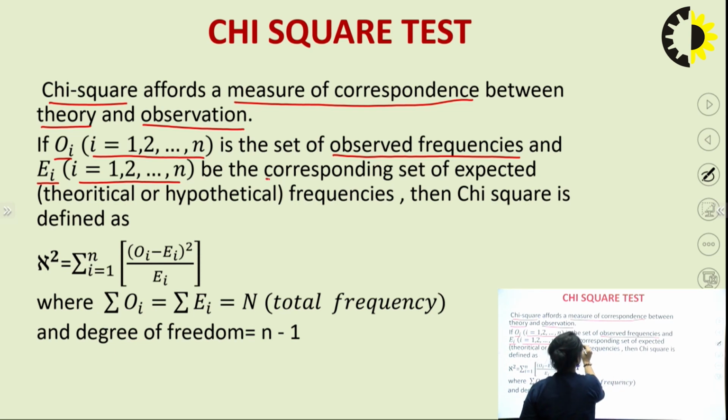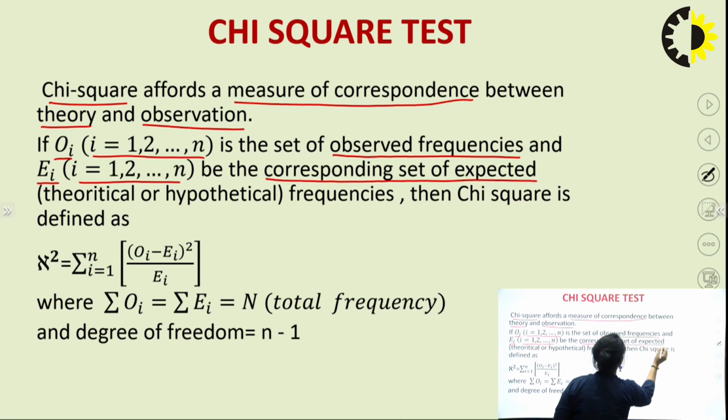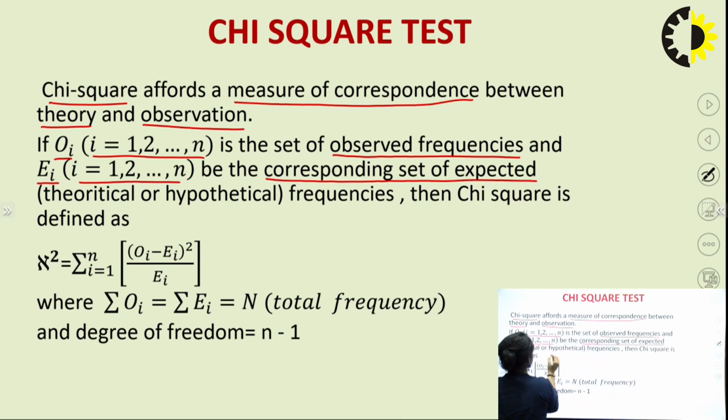So this is the corresponding set of expected, or we can say theoretical frequencies. Then chi-square is given by this formula.